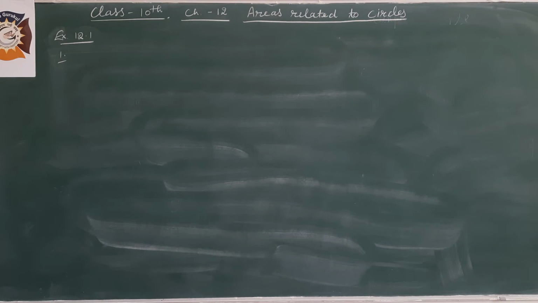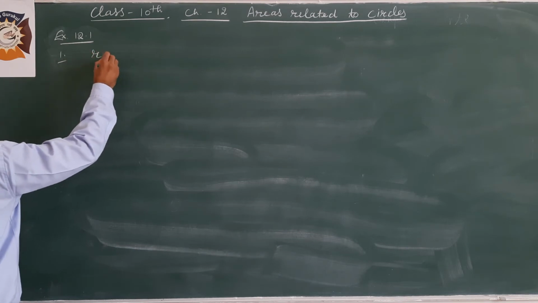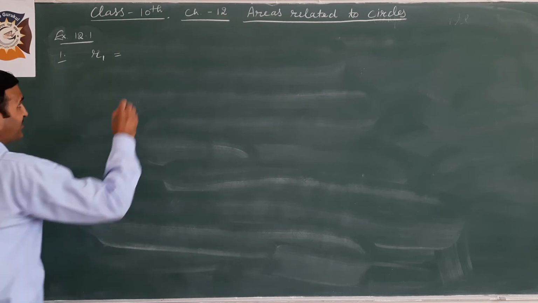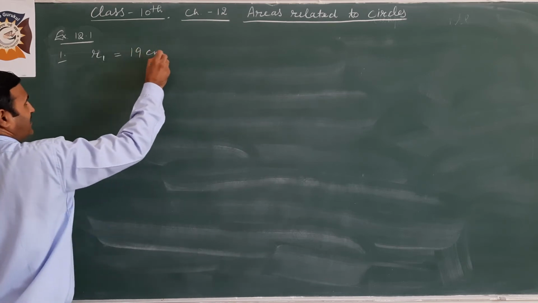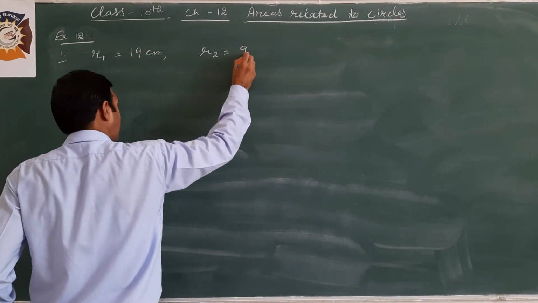The radii of two circles are 19 centimeter and 9 centimeter because two circles are given. So the radius of the first circle R1 is 19 centimeter, and of second, R2, is 9 centimeter.